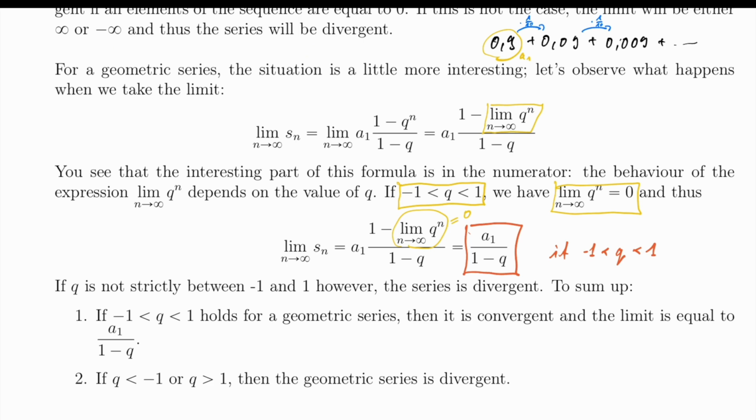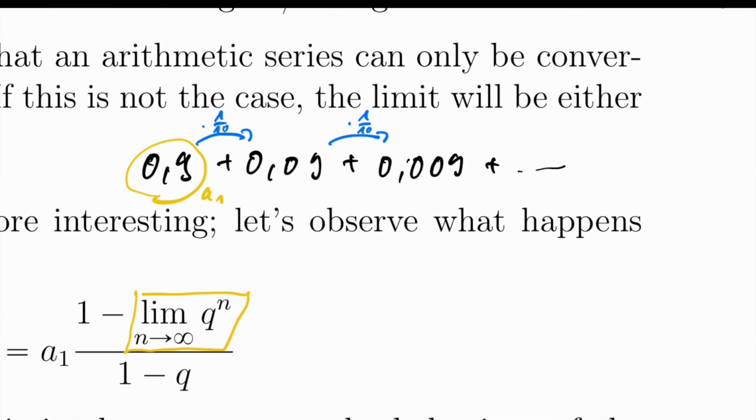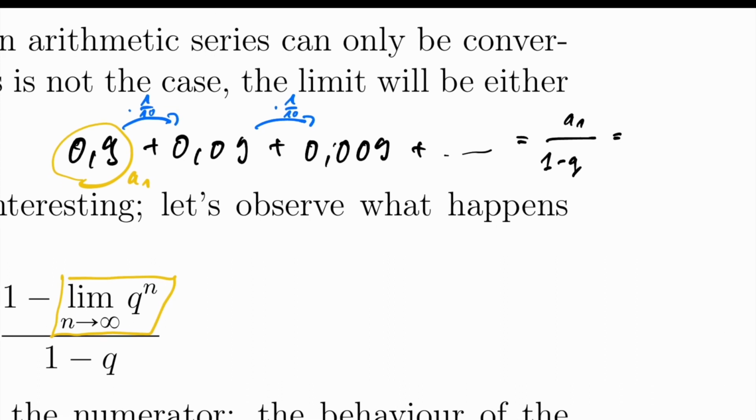All right, well, let's test that here. If we use the formula, which is a1 over 1 minus q, well, I have a1 is 0.9, I have q is 1 over 10, so 1 minus 1 over 10, or 0.1, well, that's just 0.9.